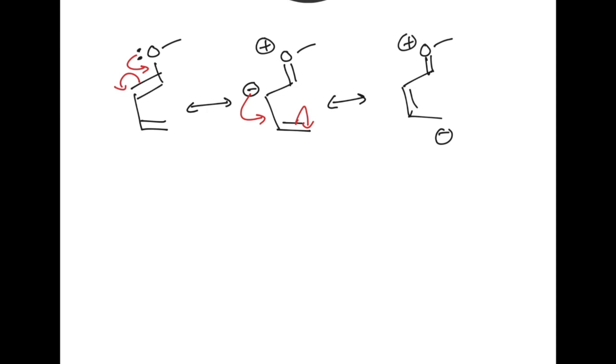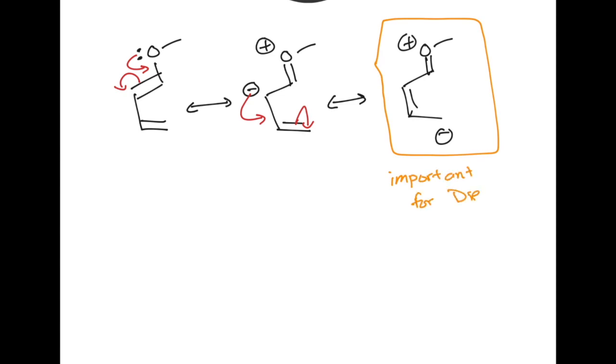All right, so I can draw these two resonance structures. The one that really matters, this last one, is the most important for the Diels Alder reaction. It's the one we care about the most.